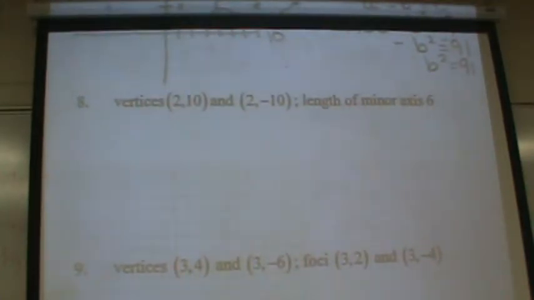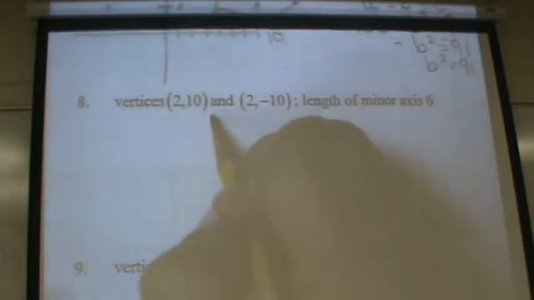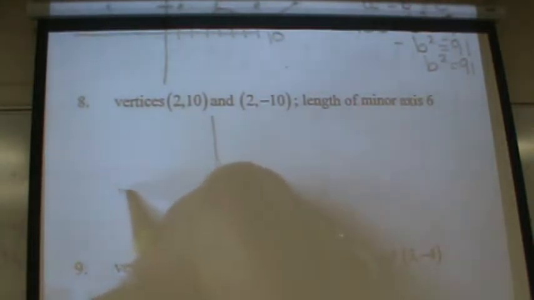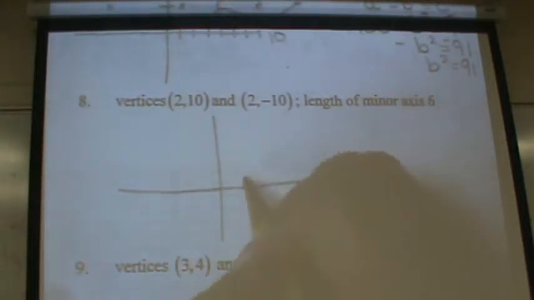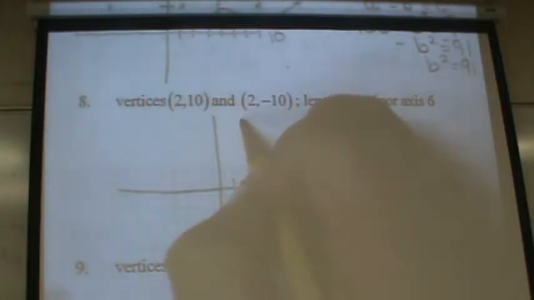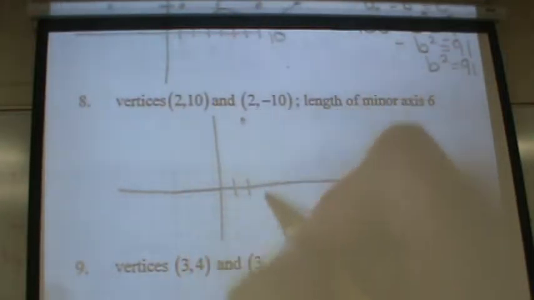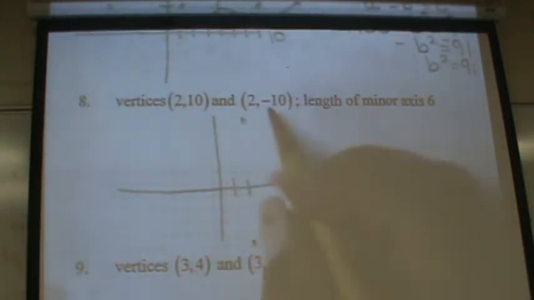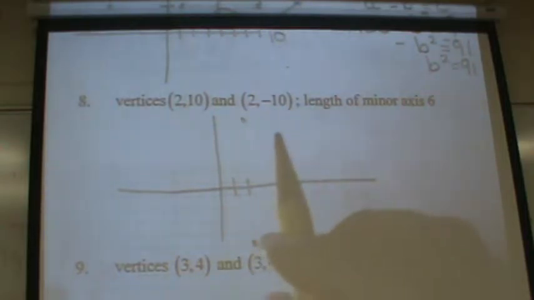Okay, next one. Draw the facts. Okay, draw your picture. Your vertices are at 2, 10 and 2, negative 10. Now your vertices are your major axes, right?